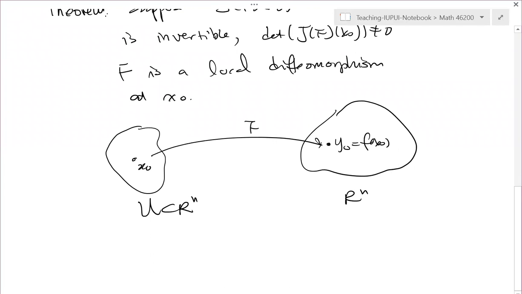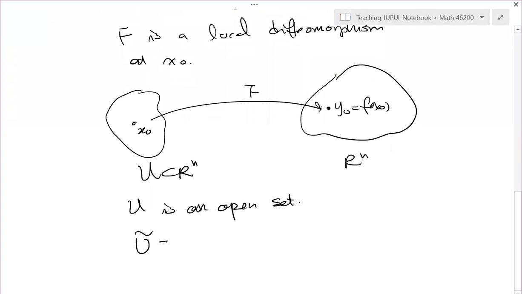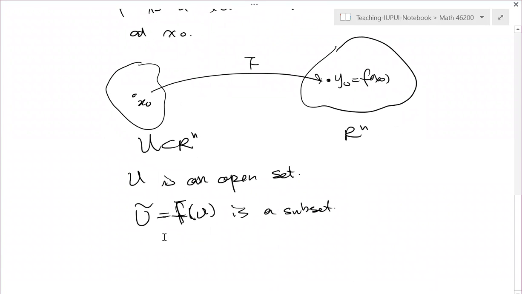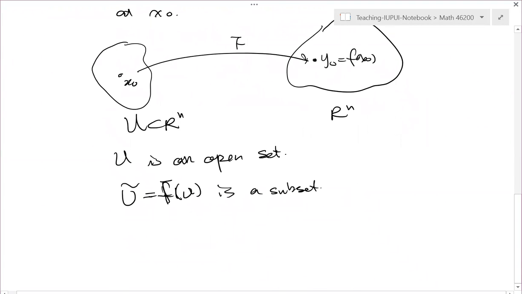I have to say that U is an open set, but U-tilde, which is the image of U, is not necessarily an open set. It could be just a line in general. It's just a subset. It's not necessarily open, and F is not necessarily one-to-one. It can send two points to one point. So it's possible.